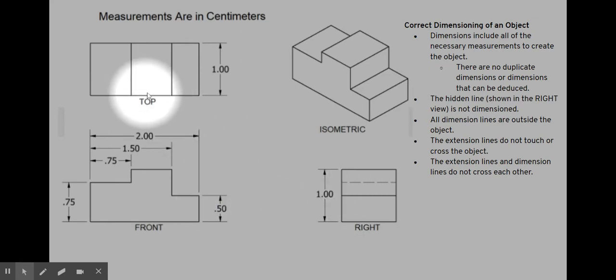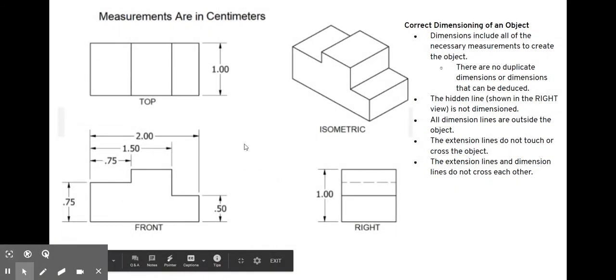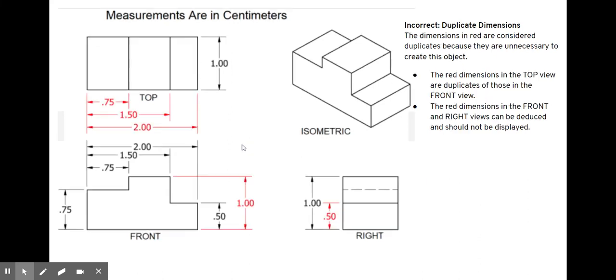In the top, since we're looking from the top, this isn't the height. This is actually the depth, how deep it goes. So that right there is depth. So pretty much height, width, and depth. I'm going to refer to this several times, at least this picture, as we're going through things, because we're going to look at a bunch of wrong pictures.